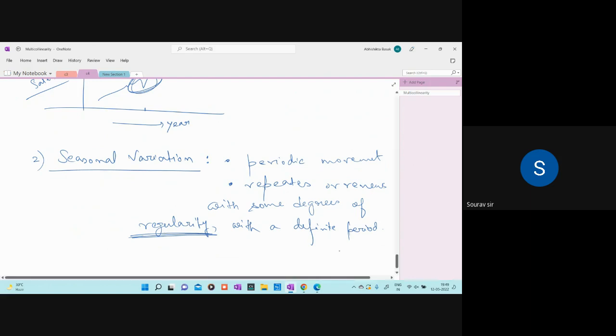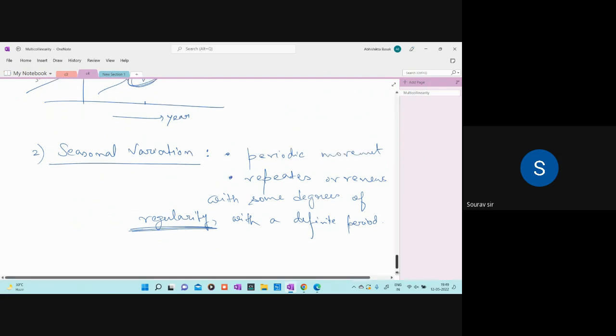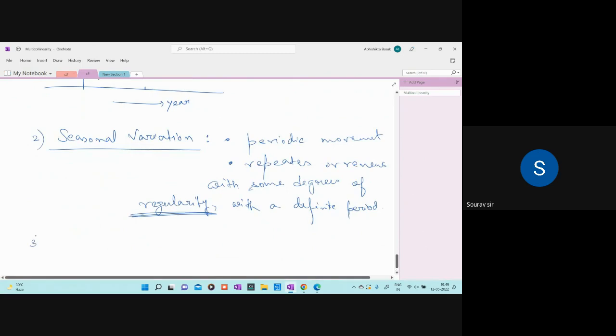But what is the difference? We can use almost the same features or almost the same characteristics for cyclical variation. Almost the same thing.